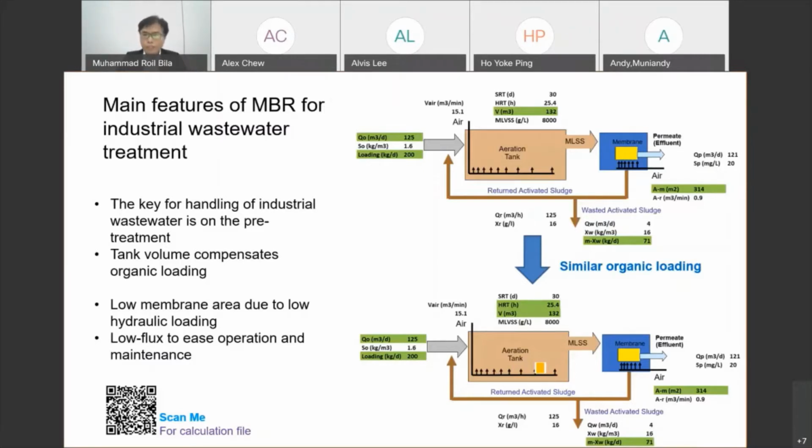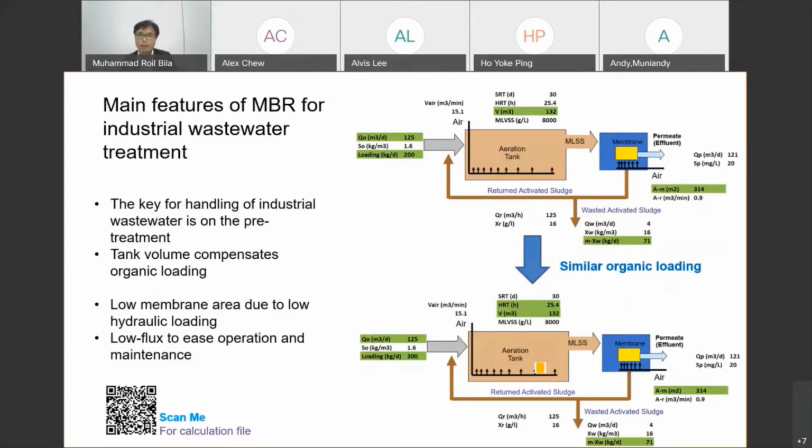Now, to show the contrast of MBR for industrial wastewater, because industrial wastewater is characterized by very high organic loadings.